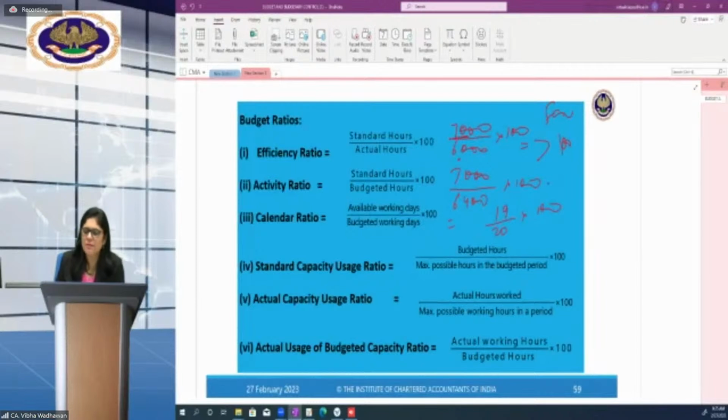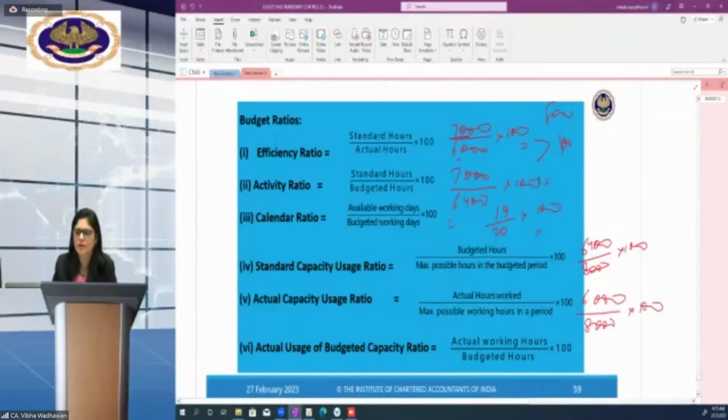Standard capacity, please calculate all the ratios, all the answers should be ready. Standard capacity, budgeted hours divided by maximum possible hours, 6,400 divided by 8,000 into 100. Actual capacity, 6,000 divided by 8,000 into 100.